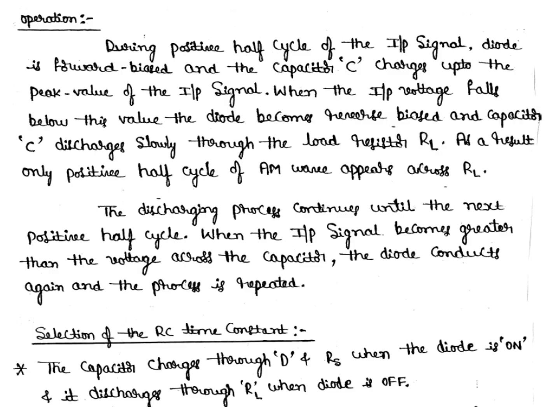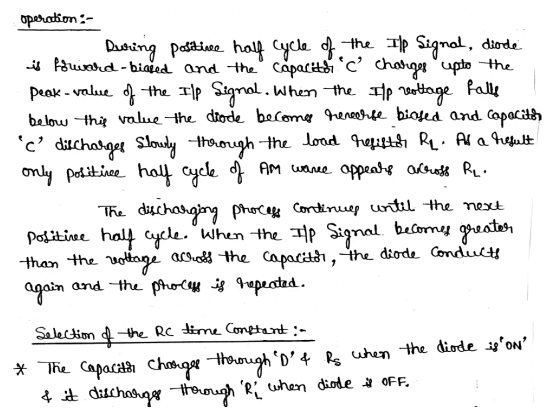Let us see how the diode operates. During the positive cycle of the input signal, the diode is forward biased and the capacitor charges up to the peak value of the input signal. When the input voltage falls below this value, the diode becomes reverse biased and the capacitor C discharges slowly through the load resistor RL.